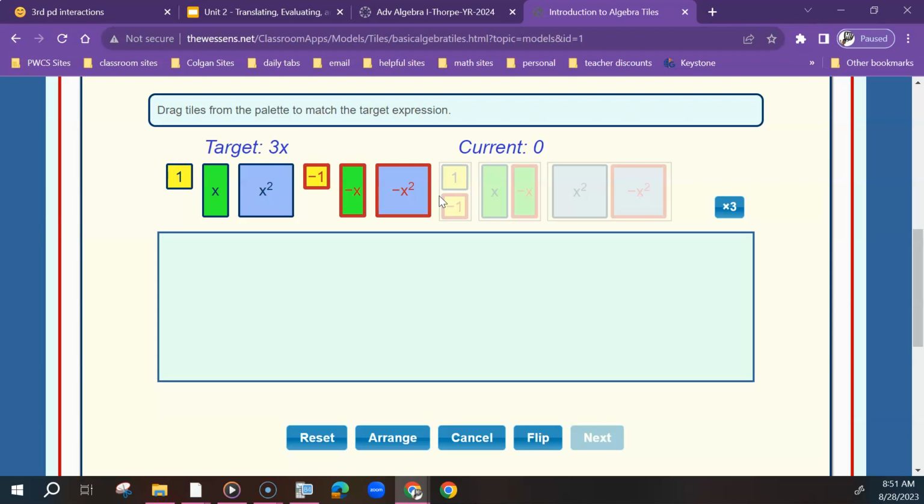How do we think we would model, using these tiles, 3x? I should do this over here because the smartboard doesn't like this application. What do you think? It could be a guess. We can see if it'll be right or not. This only works if you guys participate. Otherwise, I'll just be sitting here all day waiting for an answer.